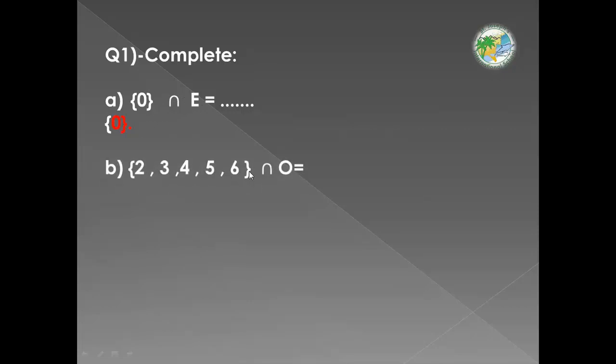And complete: 0 intersect even number equals 0. {2, 3, 5, 6} intersect odd number is 3 and 5. Natural number difference odd number equals even number. Even number intersect odd number equals phi. We don't have a common element between them.